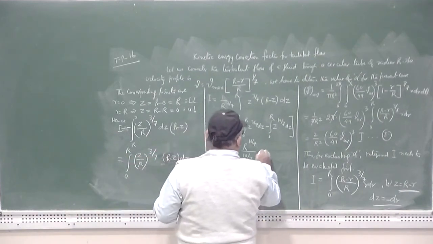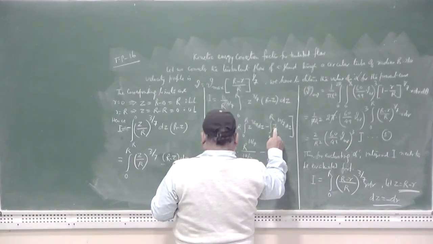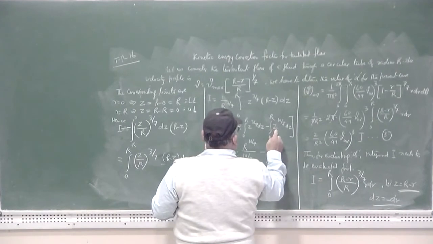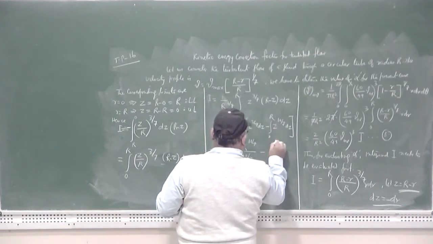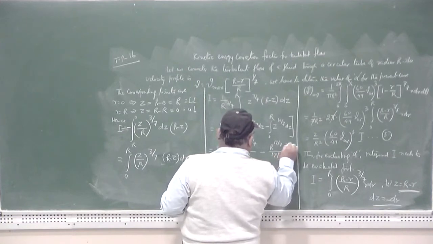Minus z to the power 17 by 7, here it should be 17 by 7, that means r raised to the power 17 by 7 divided by 17 by 7.